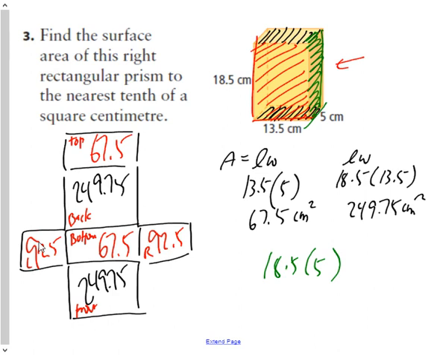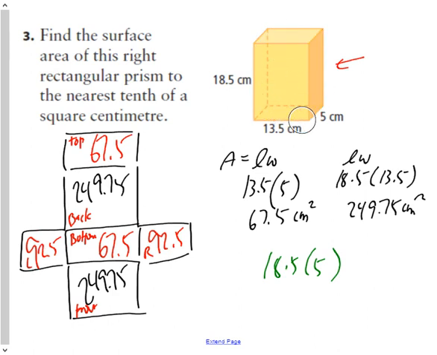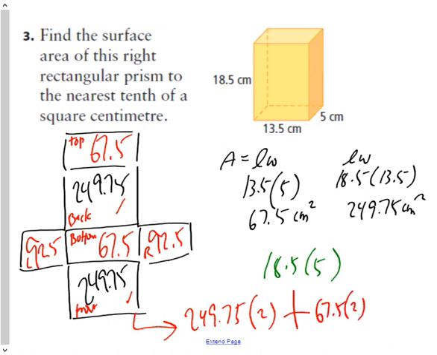We've broken this 6-sided rectangular prism into a net, calculated the individual faces, and all we have to do now is add them up. I can do 249.75 multiplied by 2, plus 67.5 multiplied by 2, plus 92.5 multiplied by 2.